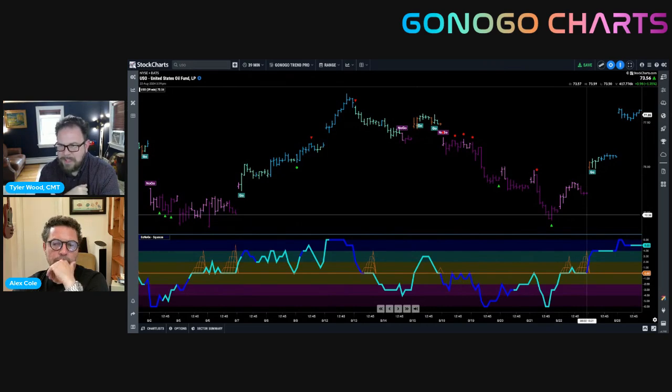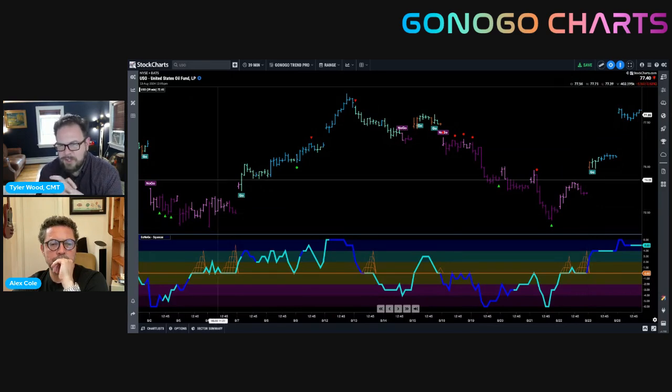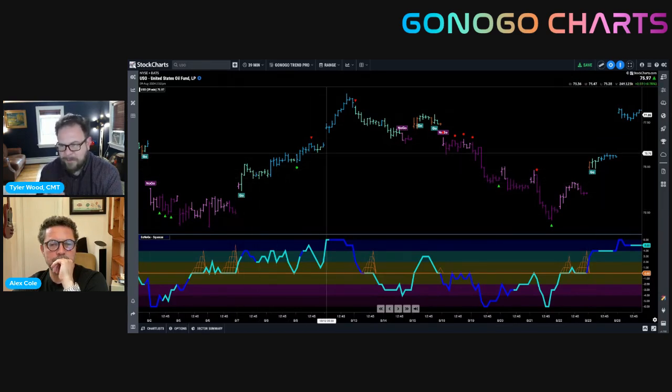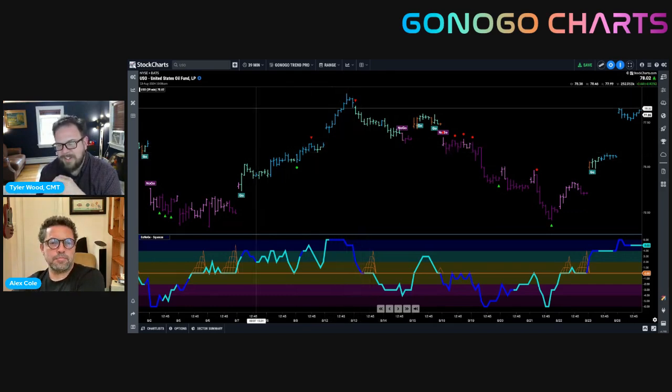And I think one of the best parts of technical analysis is the fact that the tools work in the same way across all time frames. Obviously, on this ETF, we've got a choppier chart, probably without quite the same liquidity as the futures markets. But you get the idea of using trend on whatever time frame fits your objective. So if you're not a longer term investor and you are trying to capitalize on some of the volatility in the oil markets, you can use GoNoGo charts on any time frame.